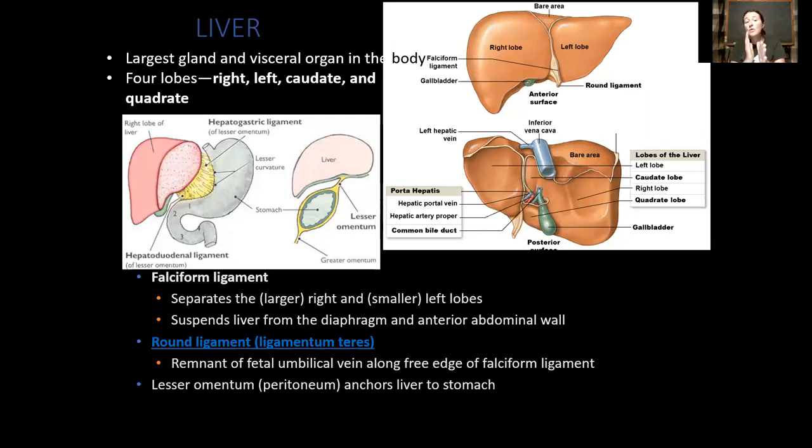So we have two layers of the peritoneum before coming to the stomach, where it will then split again and go around the stomach. And so in between the liver and the stomach, there is this double layer of peritoneum that we call the lesser omentum.